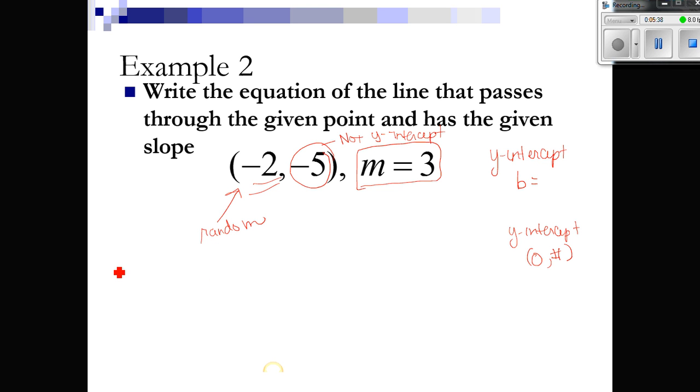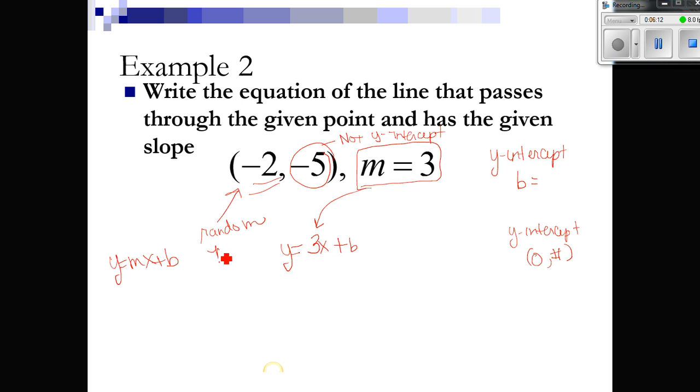So we want to continue using the algebraic method, which is using the y equals mx plus b form. So we're going to use this formula and find the equation of this line. So the first thing we're going to do is plug in that slope into the equation where it belongs, the m. And now we look at this equation and we say, how am I going to find the y-intercept?